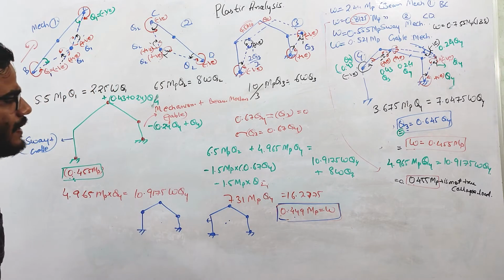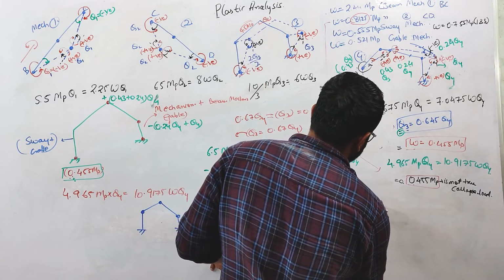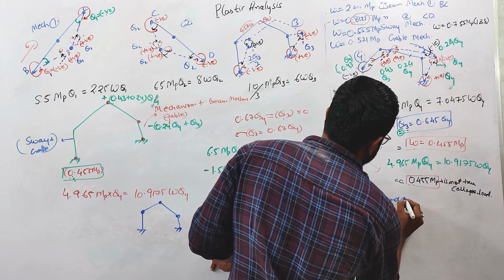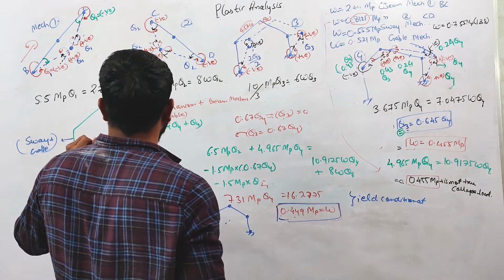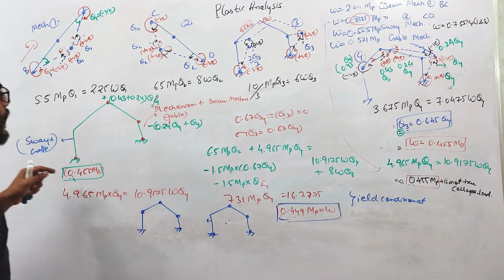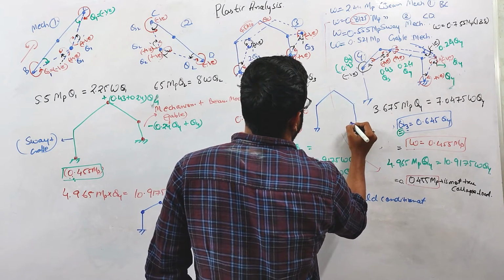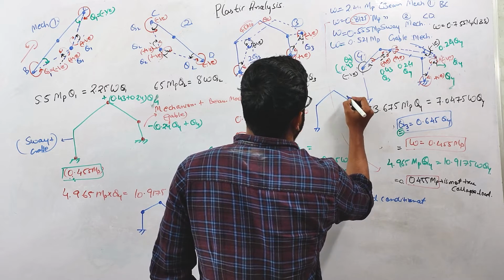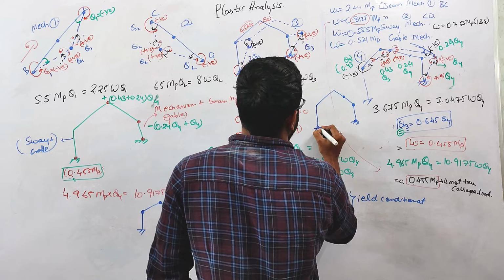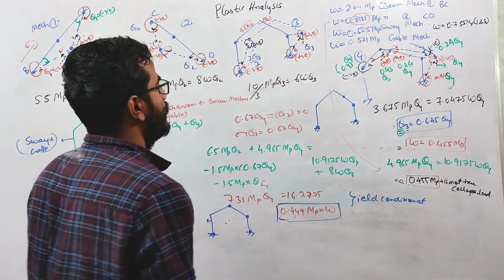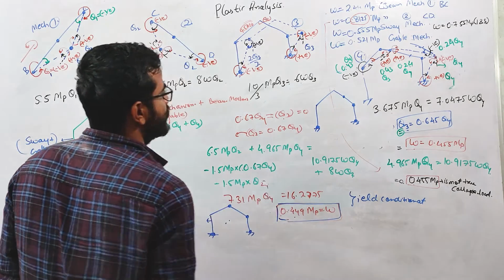Again, you need to satisfy the yield condition. Now, if you do this, the plastic hinges will form like this. One plastic hinge will form at this point, one at this point, one at this point, one at this point. So combining this mechanism with this mechanism, you are getting this condition.